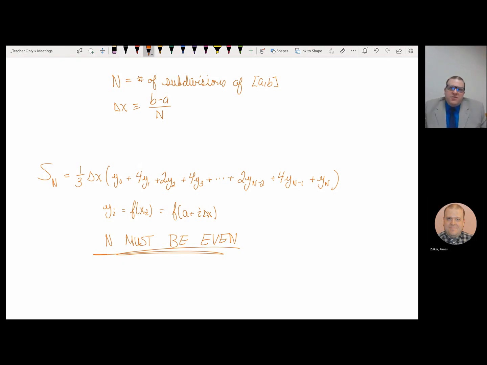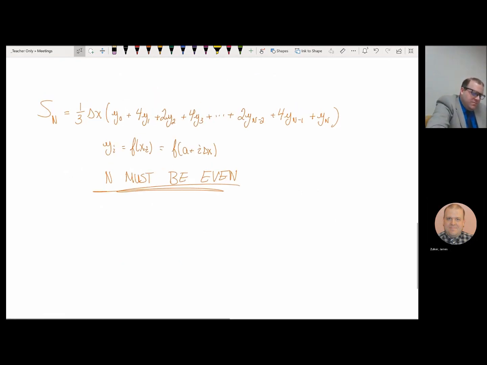This can also be rewritten, albeit a little bit trickier to do. So the 1/3 delta x. Y naught will be f of a, yn will be f of b.